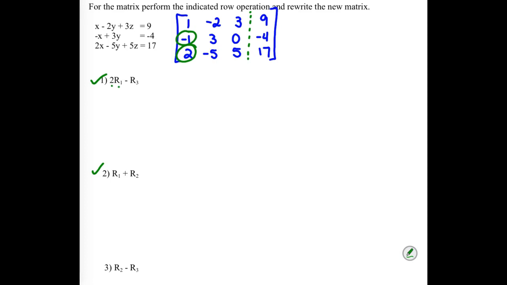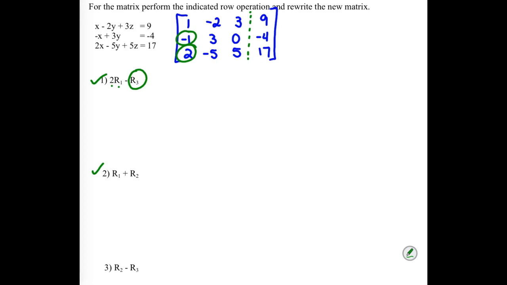Looking at what they're telling me to do here: 2 times row 1, and I'm going to subtract row 3. 2 times row 1, subtracting row 3. Will that get me a 0? Okay, I am going to change row 3. Is there another way I could have written that? Some people don't like to subtract.